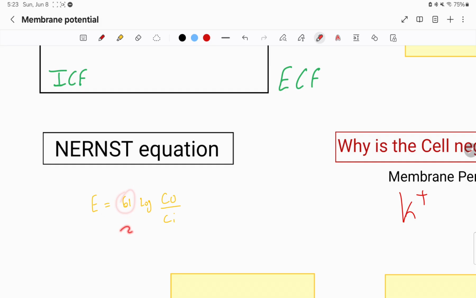This 61 is a constant. Logarithm is a mathematical operation. Co is the concentration of the ion outside of the cell. Ci is the concentration of the ion inside of the cell. And technically, there should be a division by Z here, where Z describes the valence of the ion. But it doesn't matter.